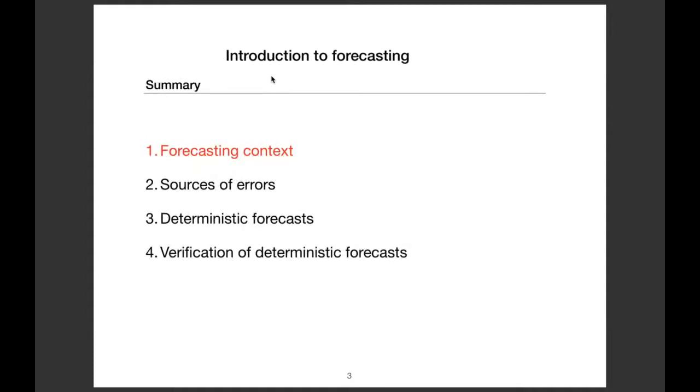And we will go through first the forecasting context, then the potential sources of error due to forecasting. Then we will introduce the deterministic forecast and the verification of deterministic forecast. These concepts will be of good use for the forecasting assignment.